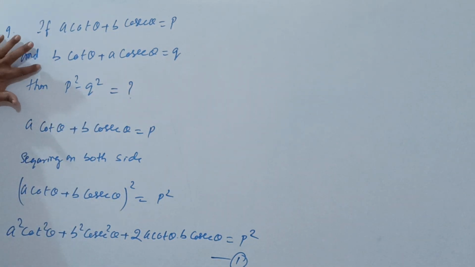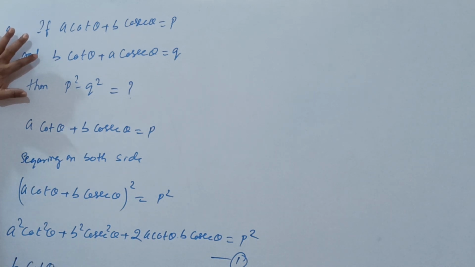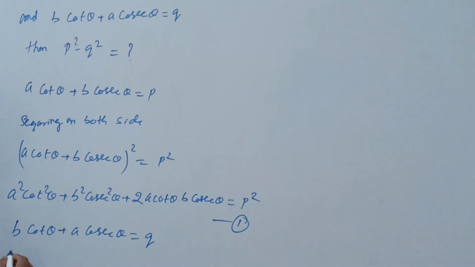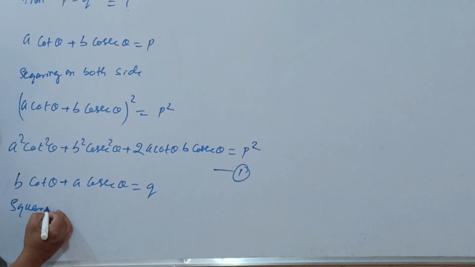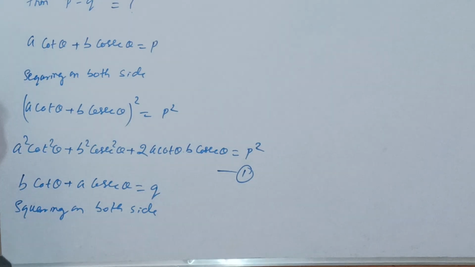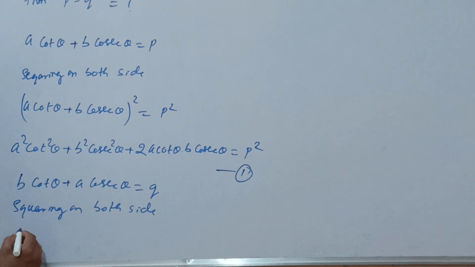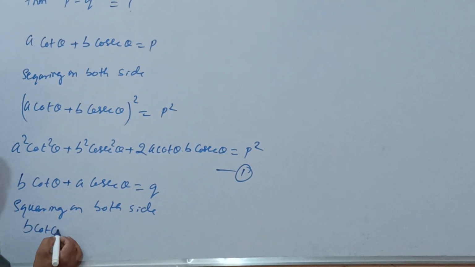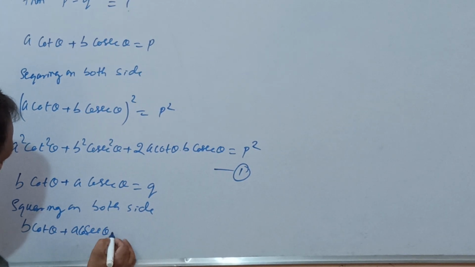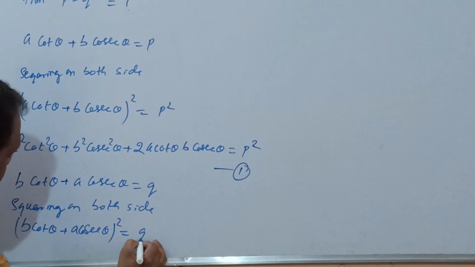Consider the other equation, b cot theta plus a cosec theta is equal to q. Here also the same thing: squaring on both sides, we get (b cot theta plus a cosec theta) whole square is equal to q square.